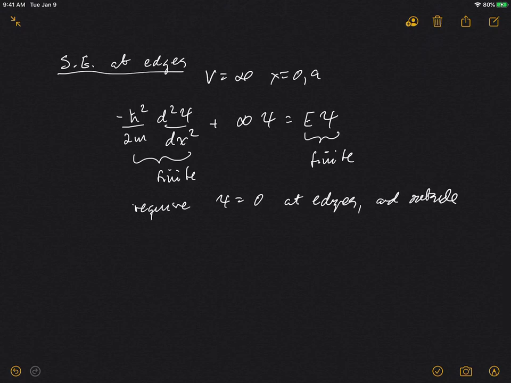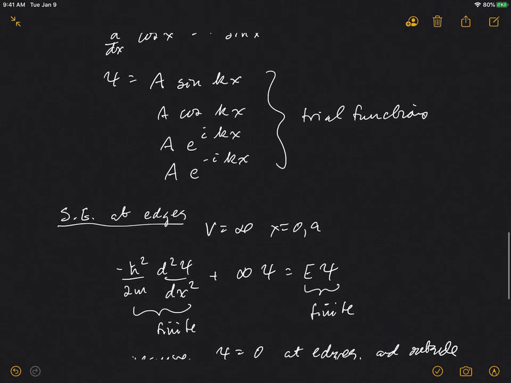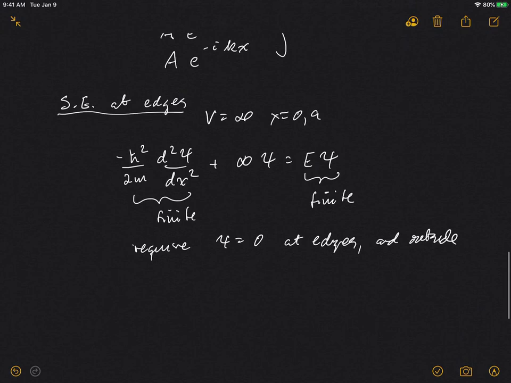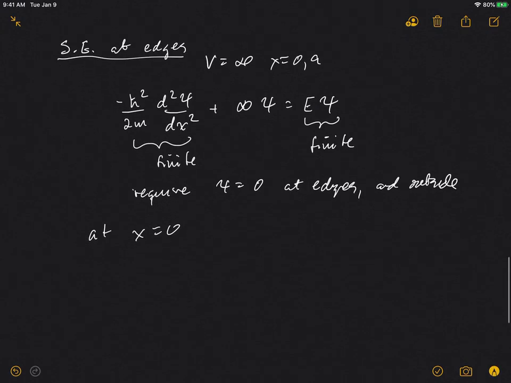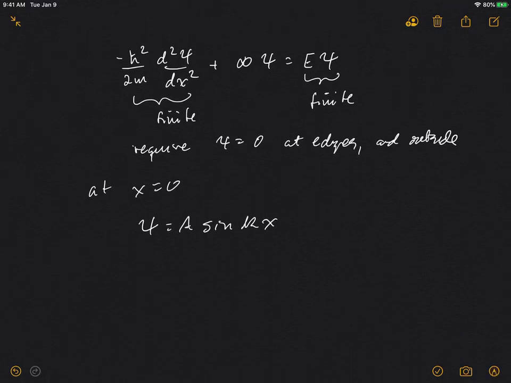Okay, so then that eliminates some of these possibilities. Out of this list of functions, which of those functions is 0 at x equals 0? Only this one, psi equals a sine kx, is going to be equal to 0 at the x equals 0 edge of the box.